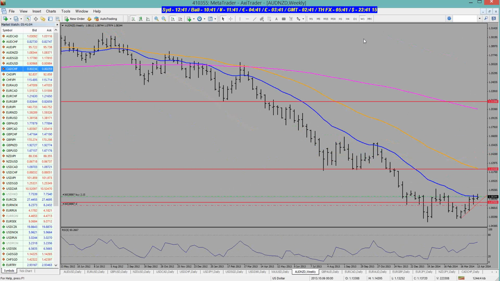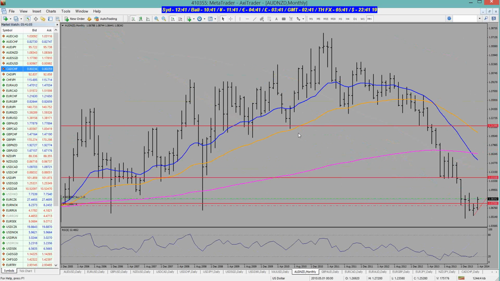There's $1.20. If you look at the monthly, you might pull that back to potential targeting in there, which is $1.20, and this was also a reasonable target at $1.12. So I'm in this for the long term.